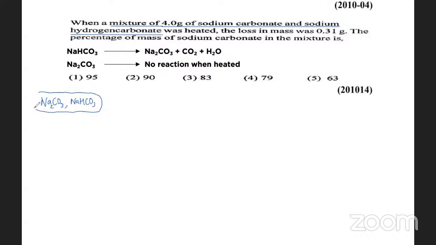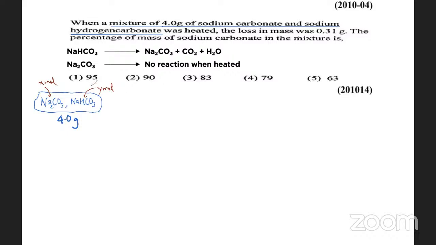There are no impurities, and the total mass is given as 4 grams. Normally in such situations, how do we start? We take this as X moles, we take this as Y moles, something like that. So our target is finding X.